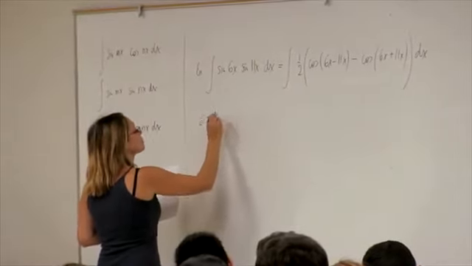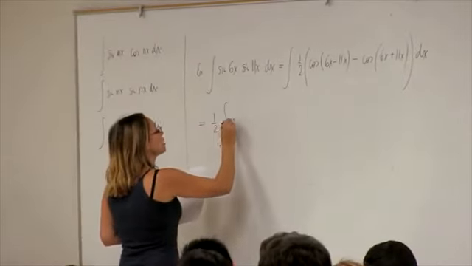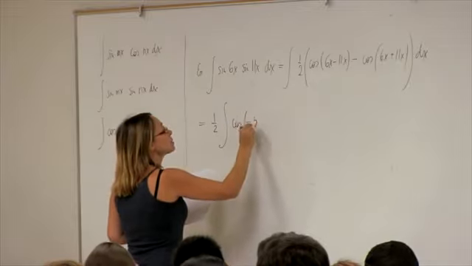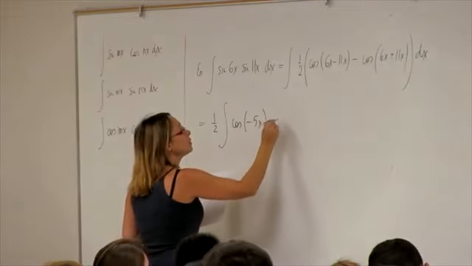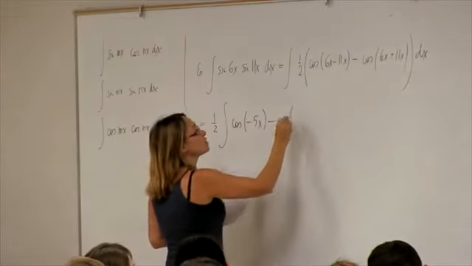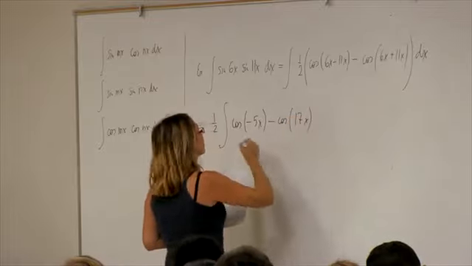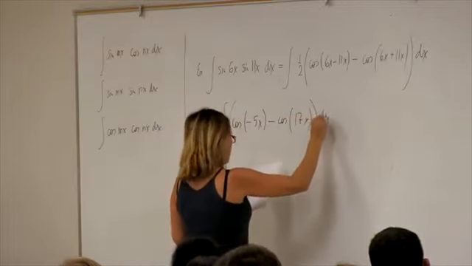Simplify. So here I have a cos of minus 5x minus cos of 17x dx.